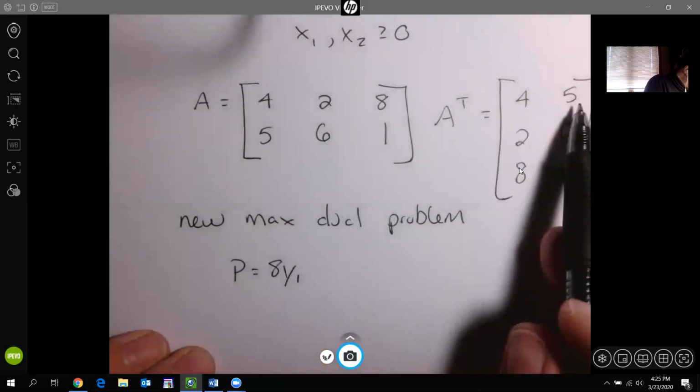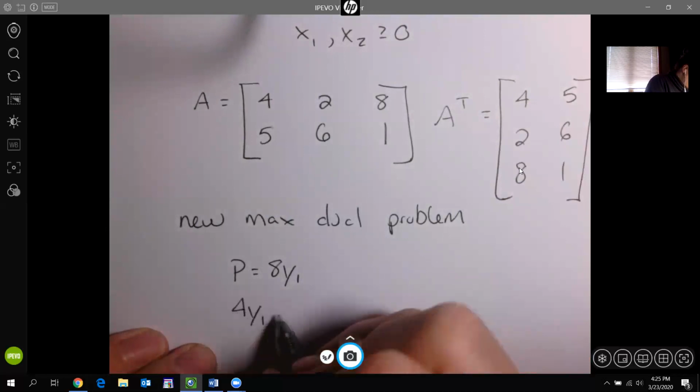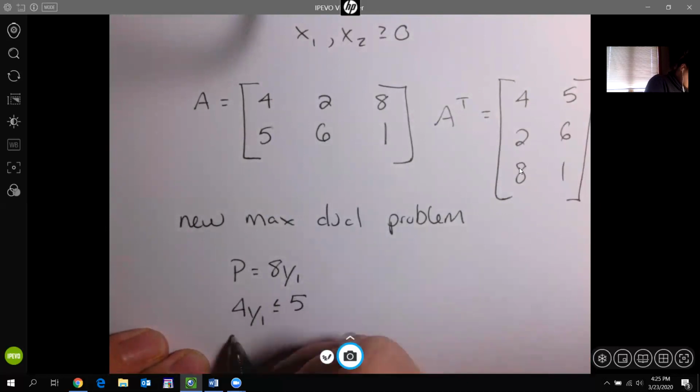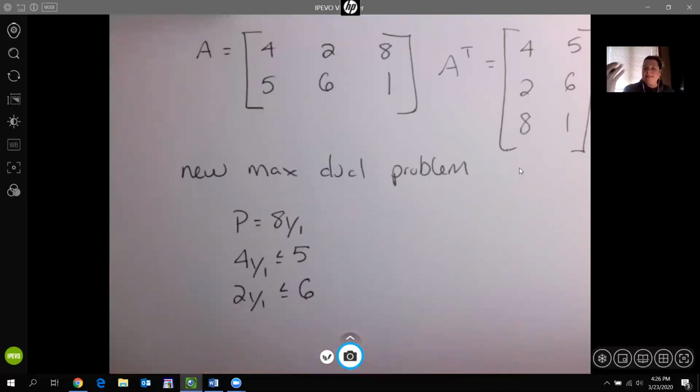Then this one here is going to represent 4y1 is less than or equal to 5. And 2y1 is less than or equal to 6. So I've now rewritten this with less than instead of greater than, so that it's a maximum.